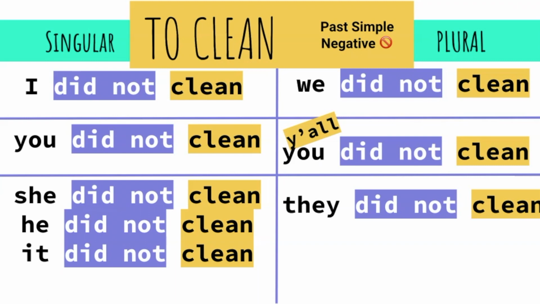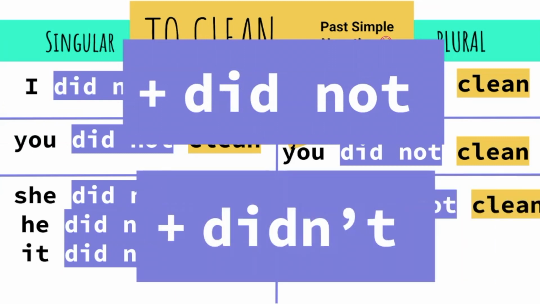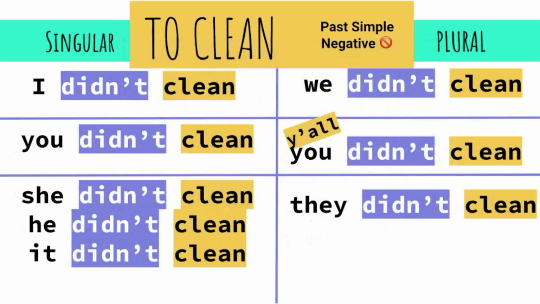But as you know, in English, we love to use contractions. Contractions make your speech sound more natural and smoother. Did not becomes didn't. I didn't clean, you didn't clean, she didn't clean, he didn't clean, it didn't clean, we didn't clean, you didn't clean, y'all didn't clean, they didn't clean.